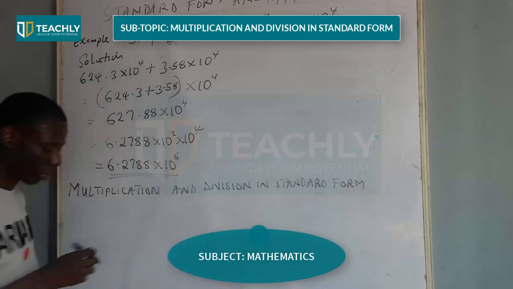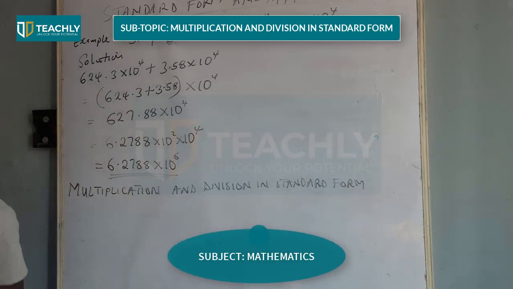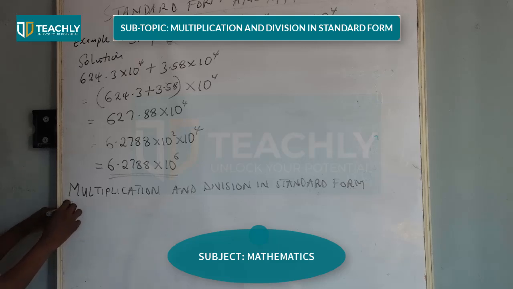So let's see how we can multiply. We have seen how we can add an expression in standard form. Let's see how we can multiply numbers in standard form. Let's look at an example. Example 1.